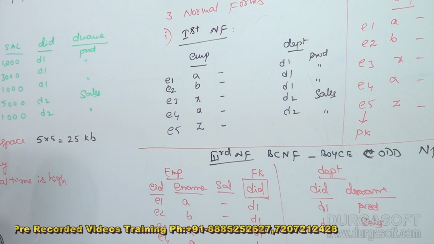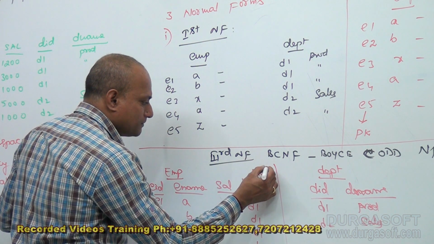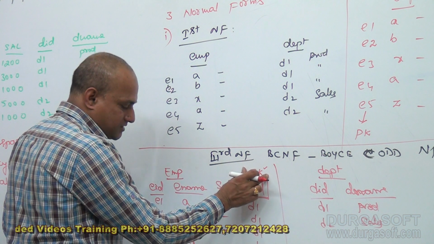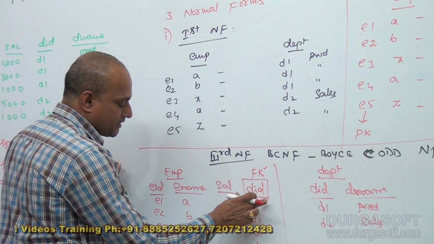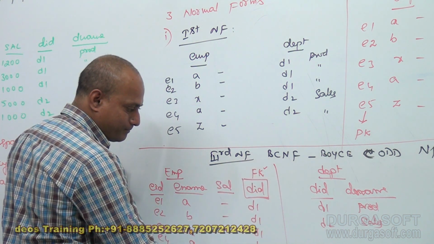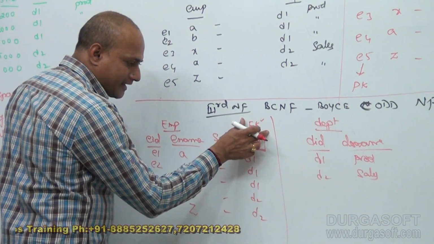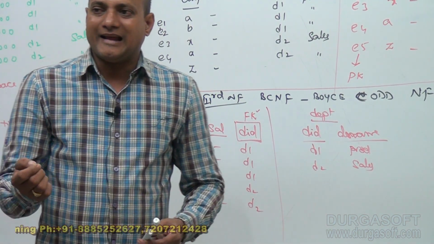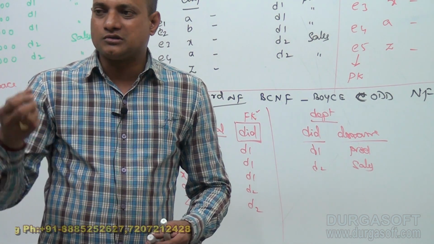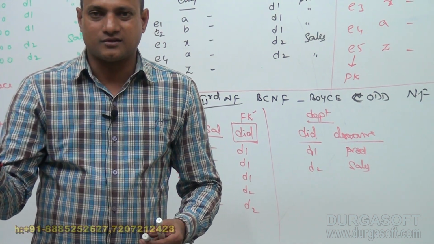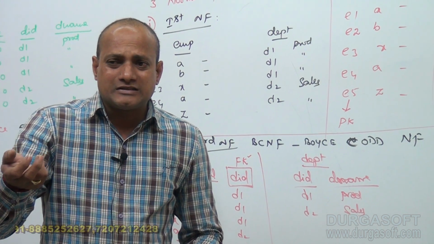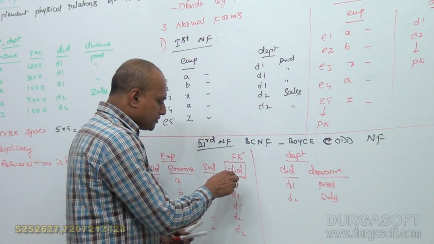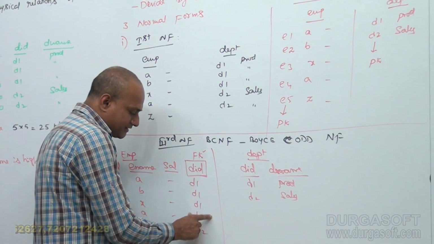Now see here, what is a foreign key column? Let me explain about this. Foreign key is a constraint. It should be defined on your column. If you define a foreign key constraint on your column, then that column takes the values from the primary key of the column on which it was defined.